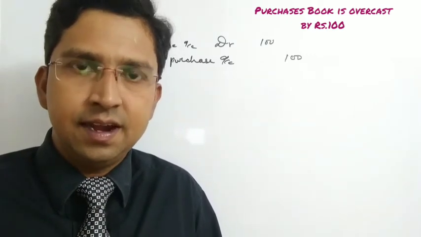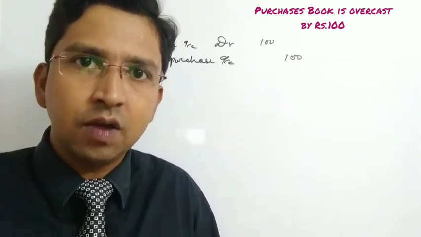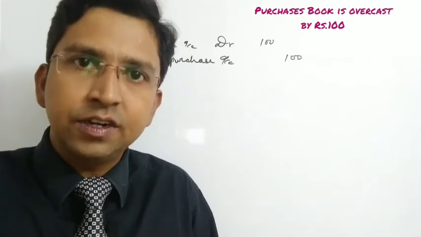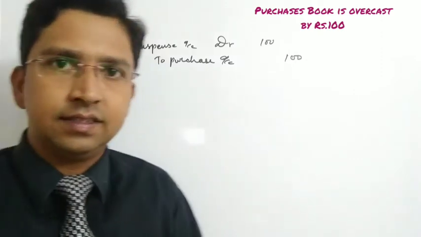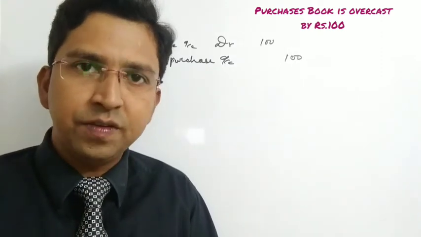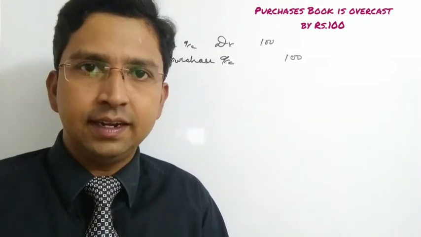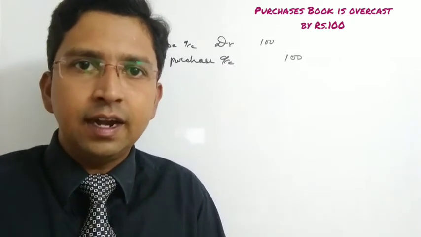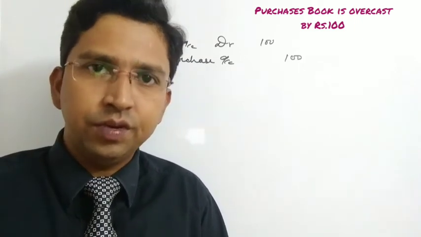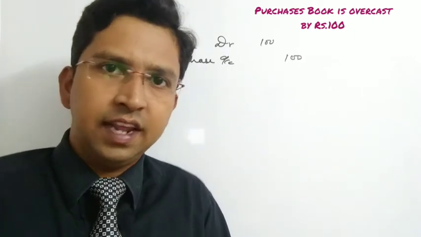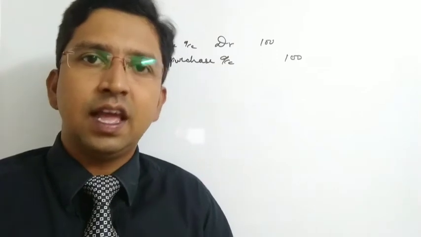If it is a single-sided error, there must be some difference in the trial balance, so the accountant would have transferred that difference amount to the suspense account. So it has to be reduced like this; the suspense account should be vanished by giving the rectification entry. When it comes to the two-sided error, it would not show in the trial balance, so you would not have transferred any difference amount to the suspense account. So here we give the rectification entry as usual, a journal entry.